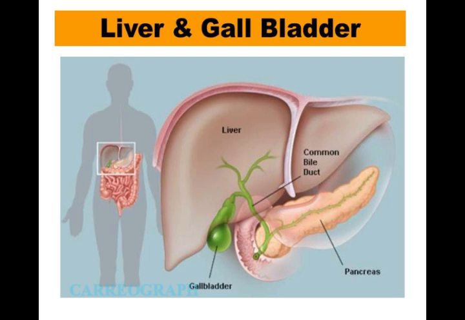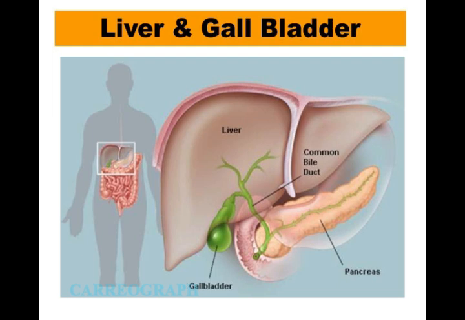As you can see in this picture, the green color is the gallbladder. This gallbladder is attached to the liver. It is a hollow sac-like structure present just below the liver, and its average size is about 4 inches long.